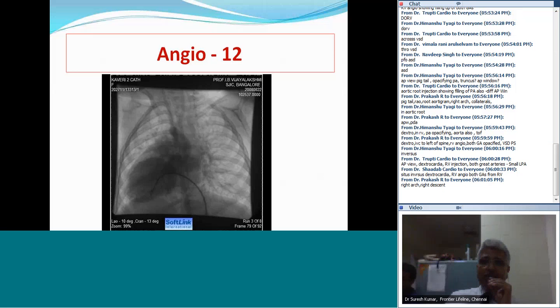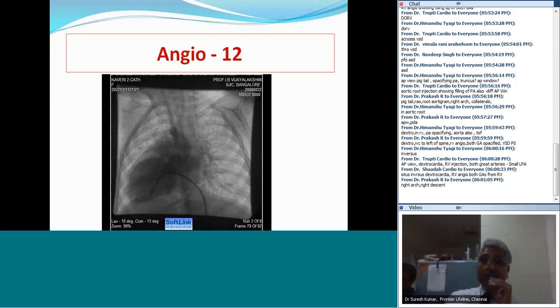Okay, what is the mode of transmission of hypertrophic cardiomyopathy? And what are the most common genes? There are lots of genes that are associated, but can you name maybe the two most common genes that are associated? Yeah, autosomal dominant is totally correct. Right, I've got one gene, beta myosin heavy chain.